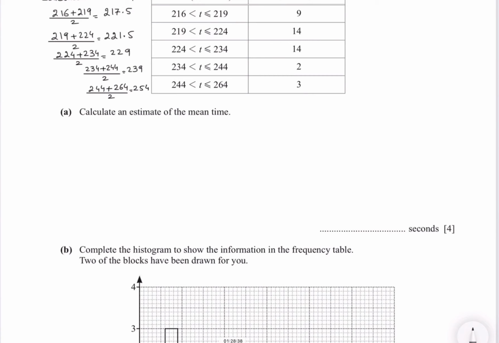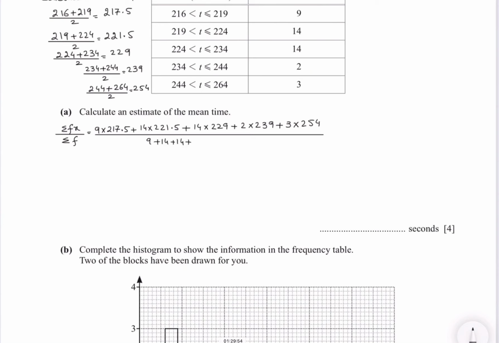Now the formula is sum of f x over sum of f. So 9 into the midpoint of the first class, 217.5, plus 14 into 221.5 and so on, divided by the sum of the frequencies, 9 plus 14 plus 14 plus 2 plus 8, and this is equal to this much. Final answer is 226.